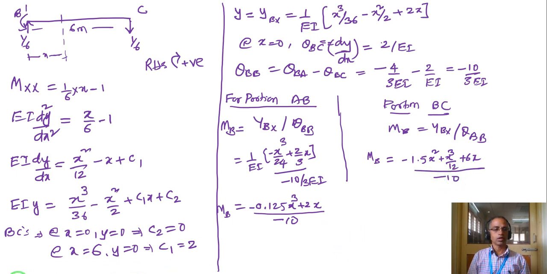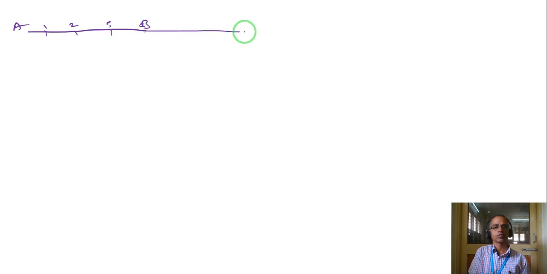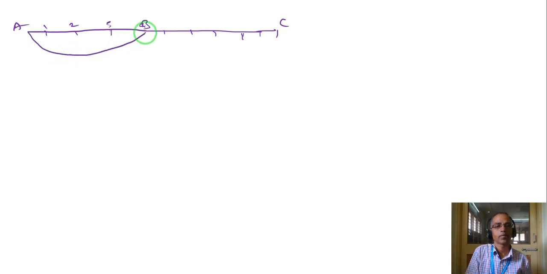Now drawing the ordinates, substituting x value from 0, 1, 2, 3, 4, 5, 6, portion by portion, what we get here, let us say portion A, this is B, taking 1 meter interval here, 1, 2, 3, 4. Similarly portion BC, 1, 2, 3, 4, 5, 6, because it's a 6 meter span. So the ILD ordinate will be something like this.